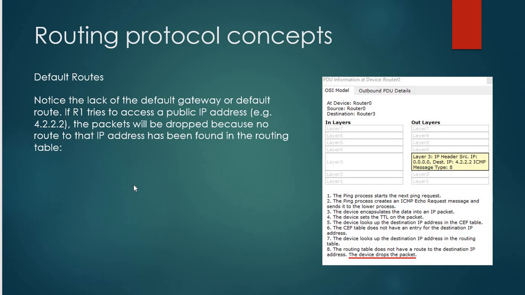There is no path to go out to the external network, so router 1 drops the packet, the PDU.